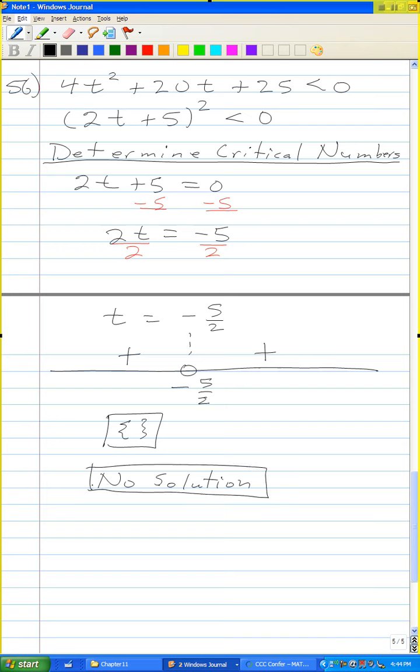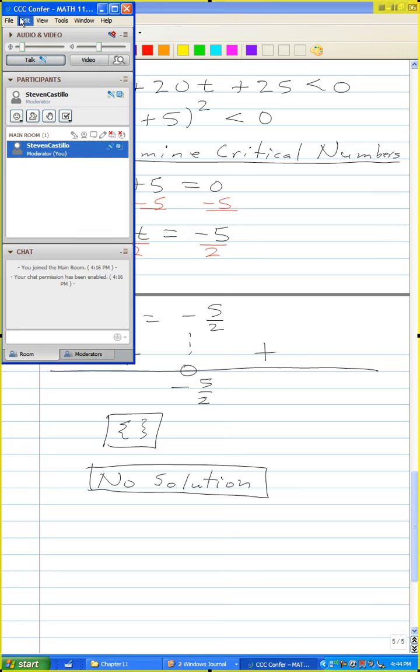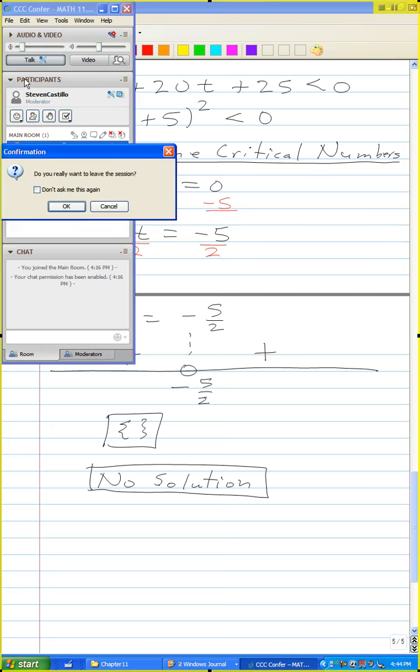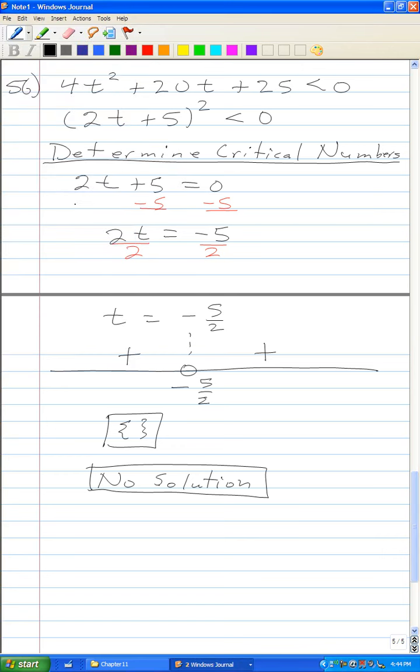So this particular problem has no solution. And so that finishes off section 11.5.